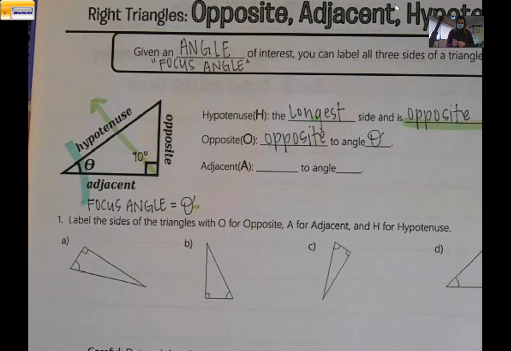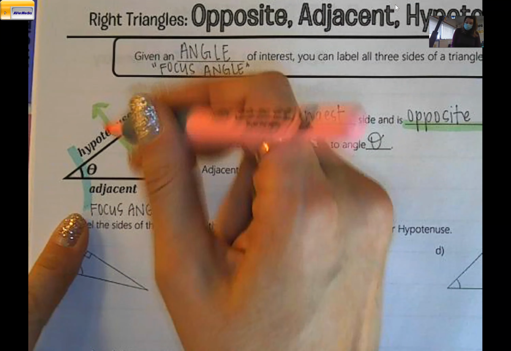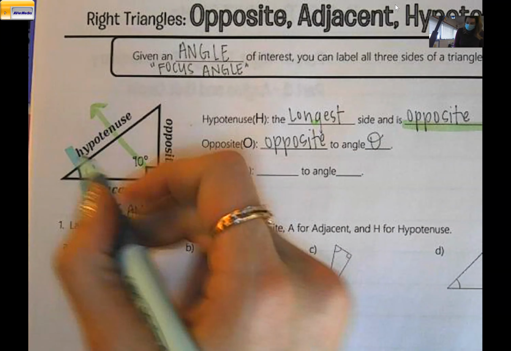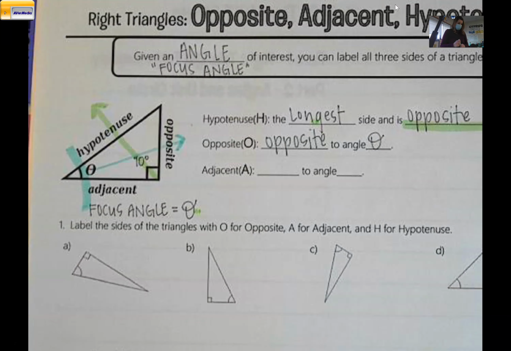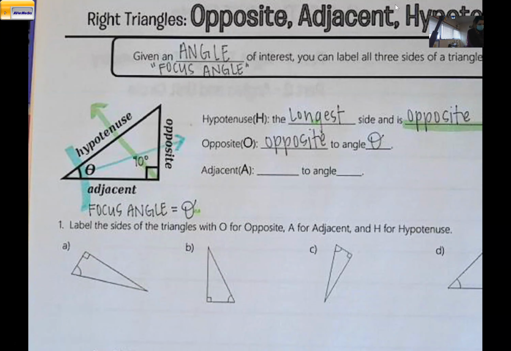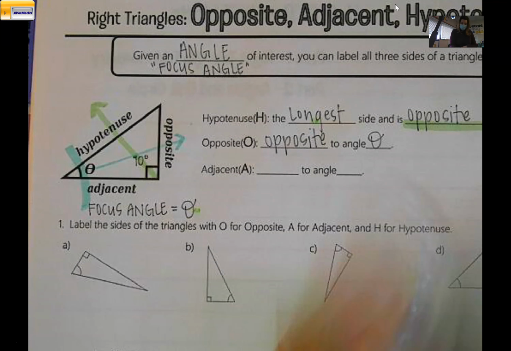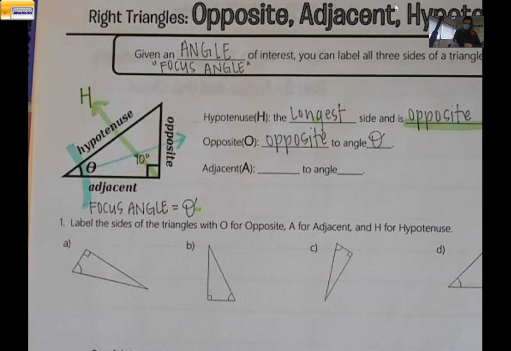So this time, theta is here, and opposite of theta, I guess I can use this, would be O. So we have the letter H, we have the letter O.